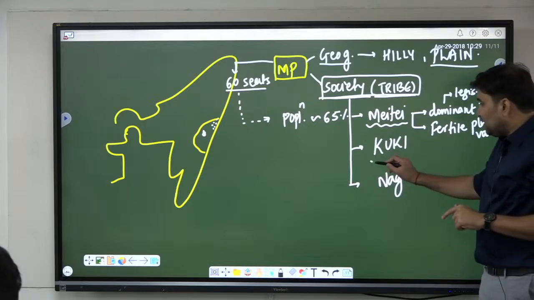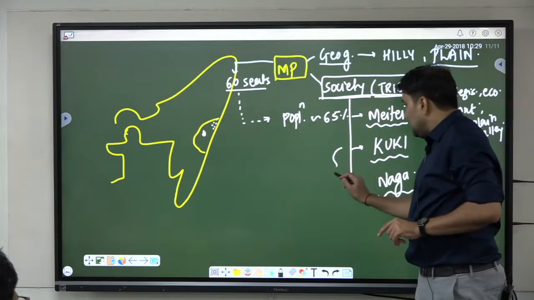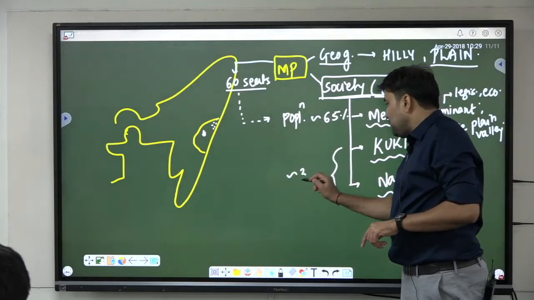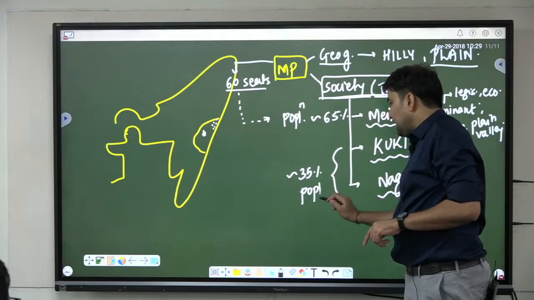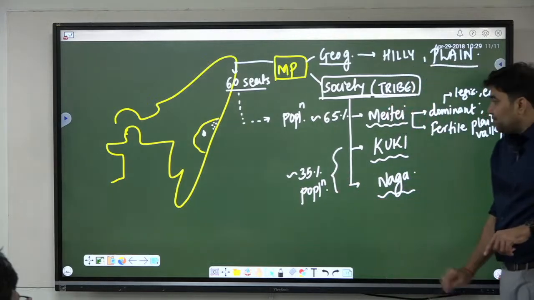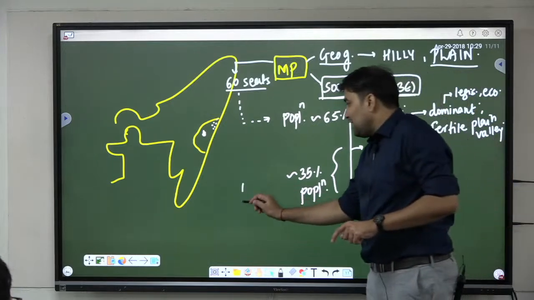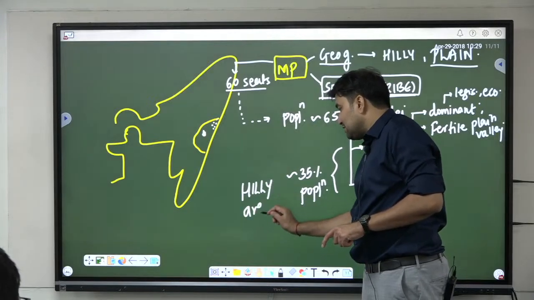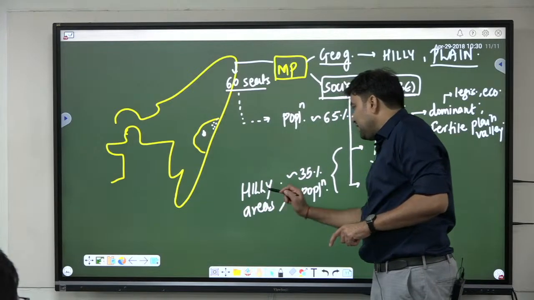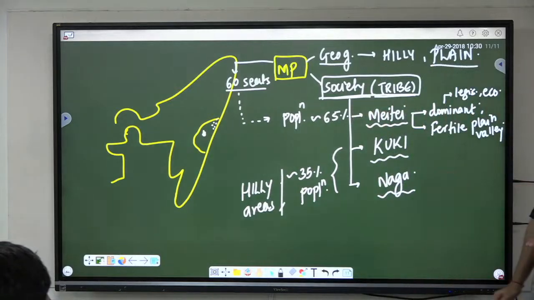Now, let us try to understand Kukis and Nagas. Both of these tribes are about 35% of the population, correct? Kukis and Nagas mainly reside in hilly areas. The population of the Naga tribe is the least amongst all of them.